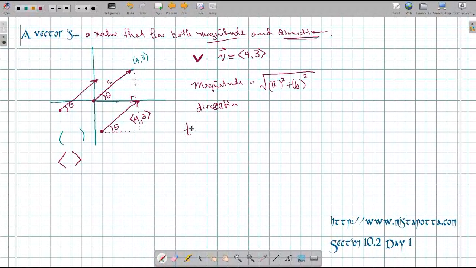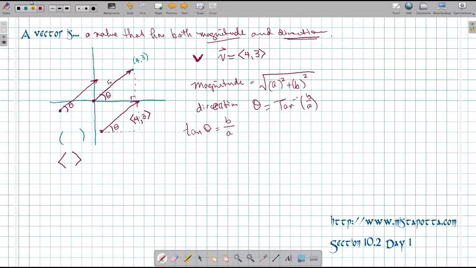So I know that the tangent of our angle is going to be equal to our vertical component divided by our horizontal component. And so I could say that theta, our direction, is equal to the arctan of my vertical component over my horizontal component, B over A.